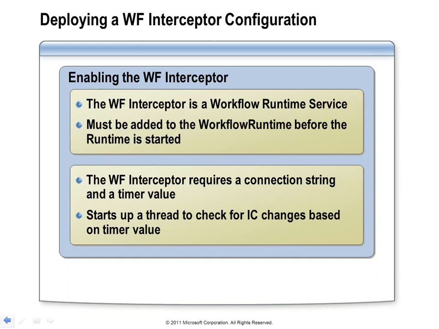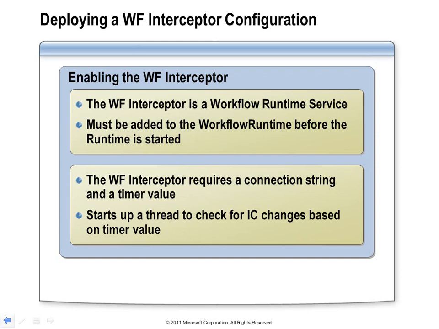There's a BizTalk side of things, of course, where we'll need to deploy the interceptor, but we also need to configure the workflow environment to use that interceptor to install it as a tracking service. So we need to create that. It's provided as part of the SDK as a class. We need to construct that and add it into the workflow runtime and provide it two pieces of information: the connection string to our appropriate BAM database and a timer value to indicate how often it should check for changes to the interceptor configuration.